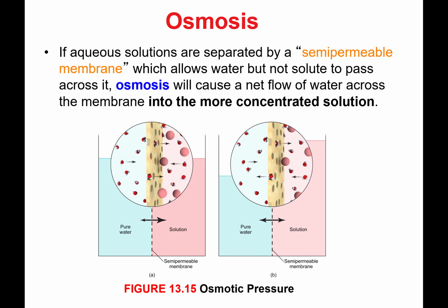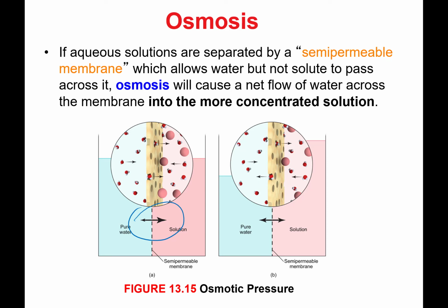And so what you find is that water will pass back and forth across the membrane, but it goes into the solution faster than it goes from the solution into pure water. Now, in this case, they have pure water on one side and a solution on the other side. You could also have just two solutions with different concentrations on either side of the membrane.